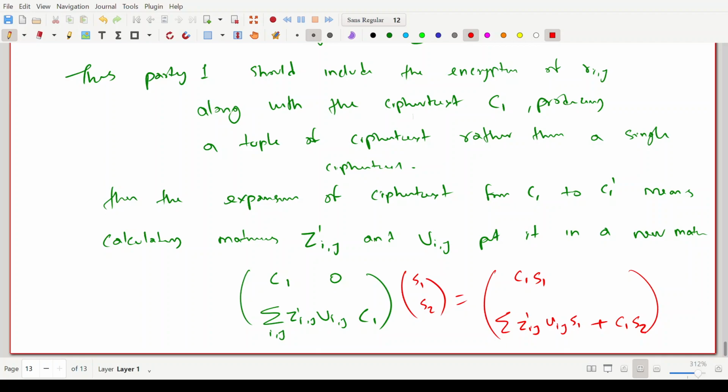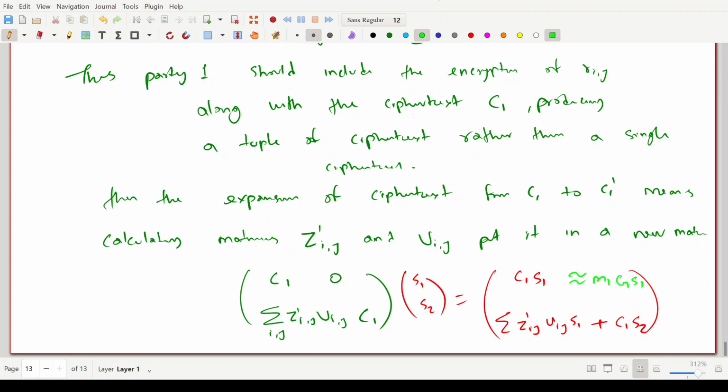If you compare, this C1 S1 is okay. I had no problem with this. C1 S1 was giving me the value I required, that is M1 GS1. I wanted this to be M1 GS1. That is okay. What about the other term?